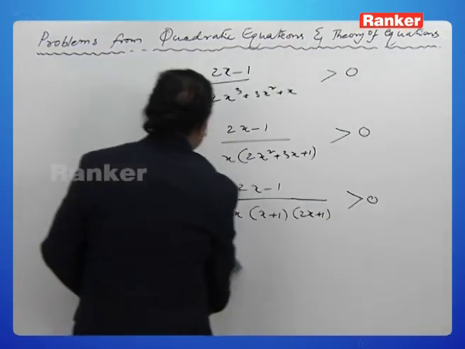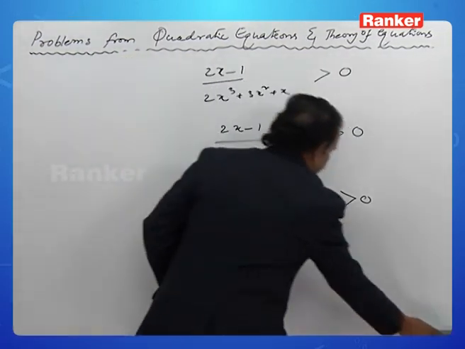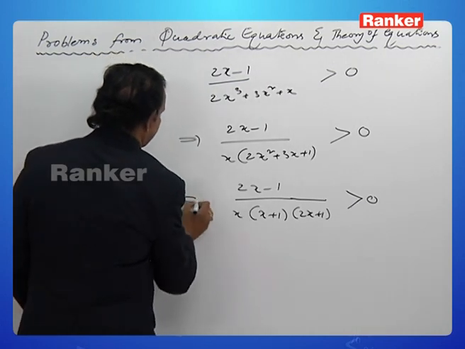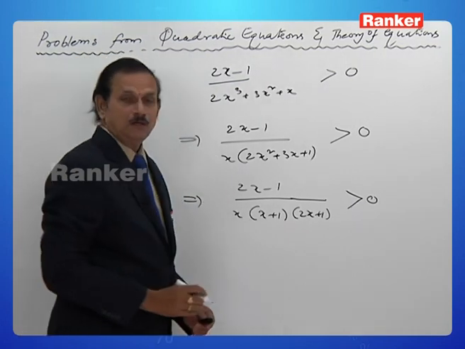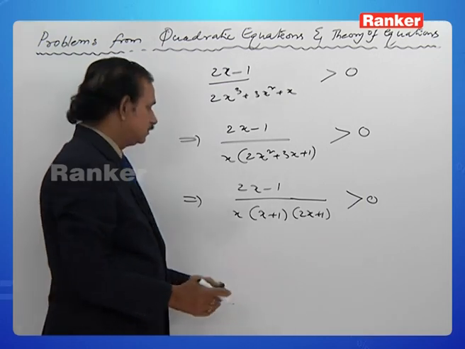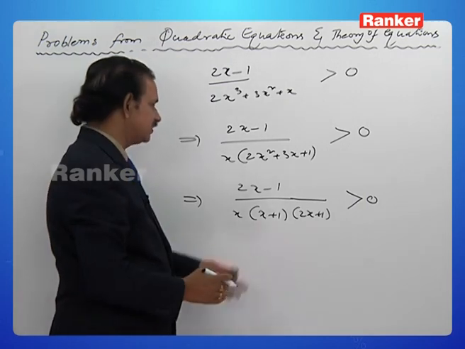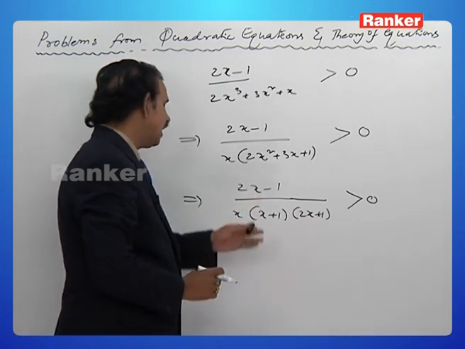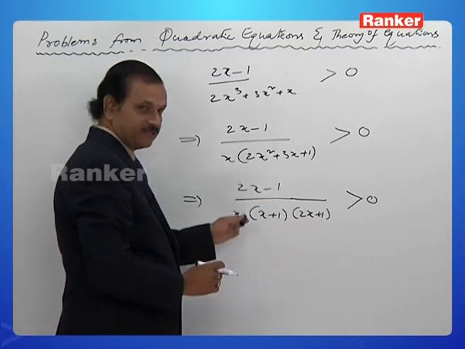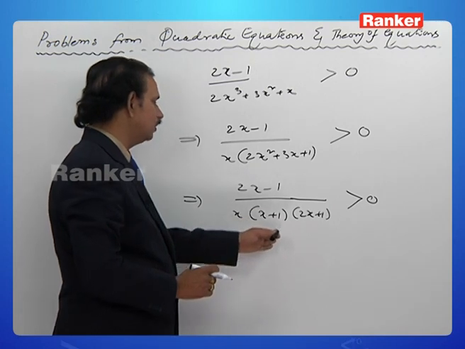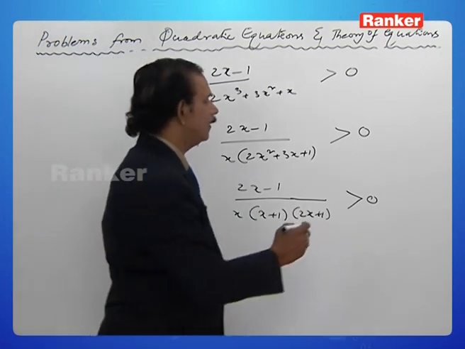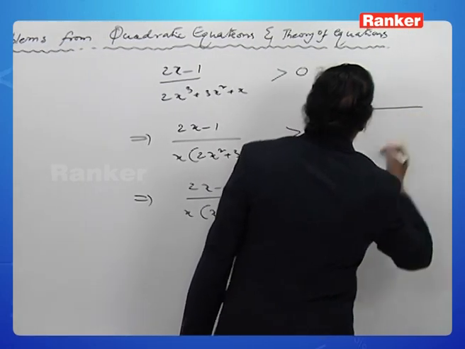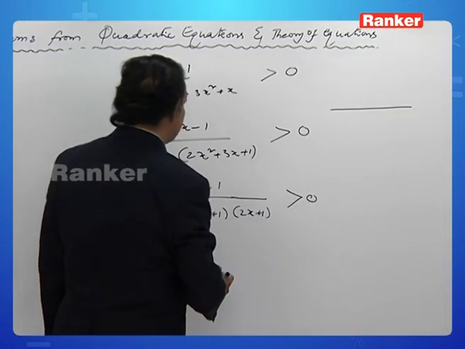So, therefore, the requirement is this. Now, let us apply the scheme of signs for this expression. What are the actual roots for the numerator? Half, 0, for the denominator 0, minus 1 and minus half. Let us observe the scheme. What is the least number?